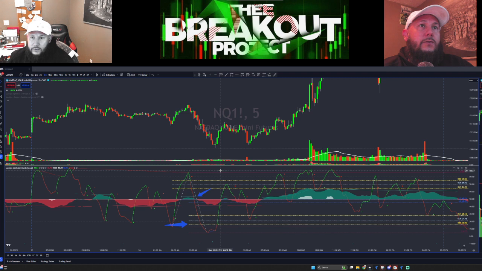You know that a reversal is coming, right? So you're only going to want to go long in this area right here between the 0.68 and 0.71. And in this case, we did get a change from red to green. However, money flow is going back and forth here, so there's a lot of uncertainty as to which way the market wants to go.